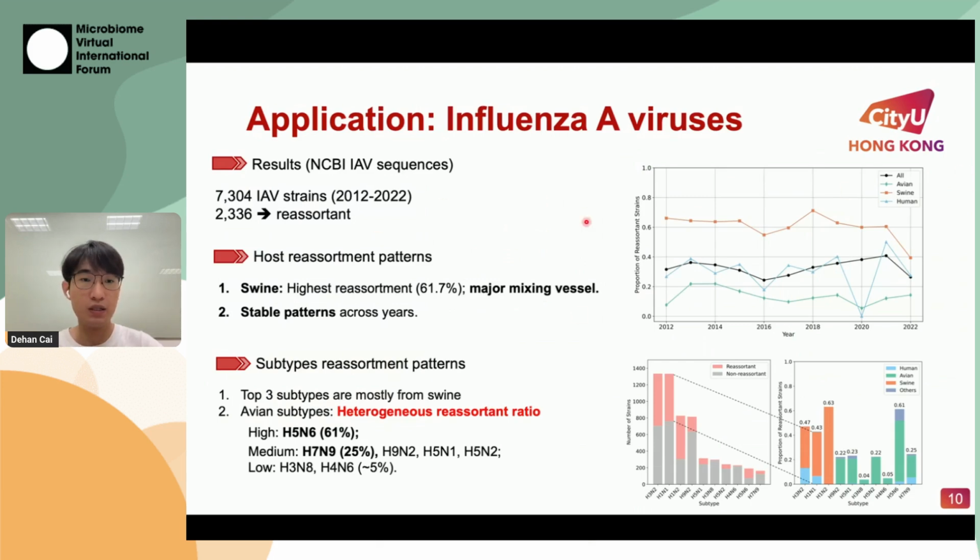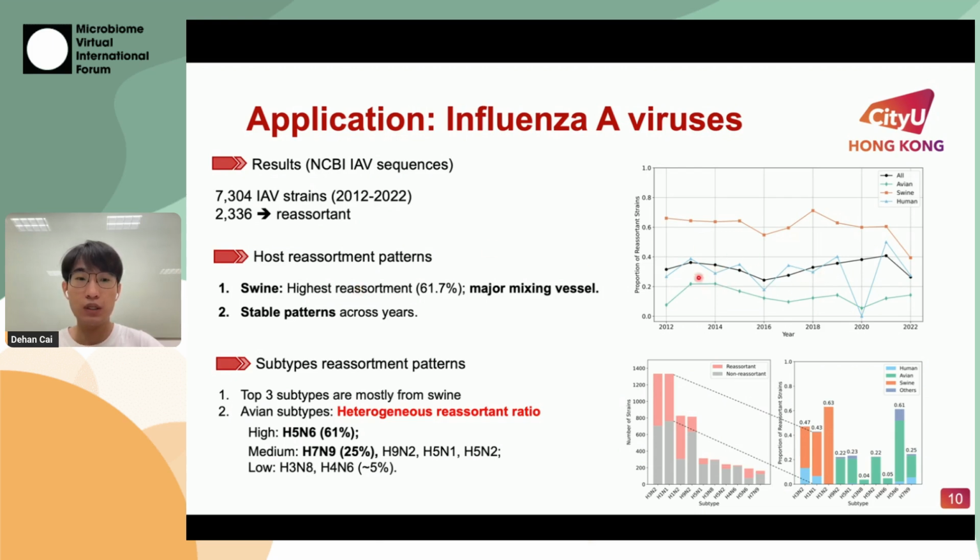Among over 7,000 influenza strains, our tool identified 2,000-something reassortant strains. Checking their hosts, we found that swine strains have the highest reassortant proportion, as shown in this orange curve. We can also see that the reassortant proportion across the years is fairly stable.